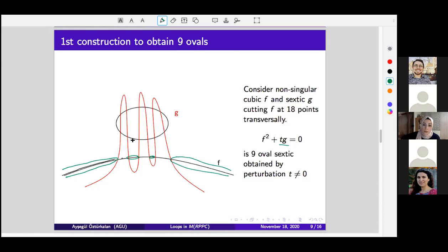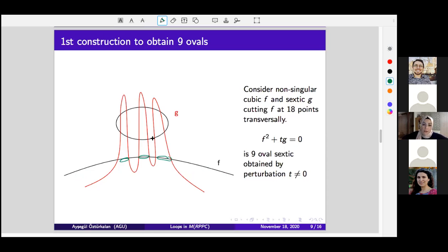We will have another oval here, and this is empty, for one sign of T. If you change the sign of T, with negative T you will get these parts.